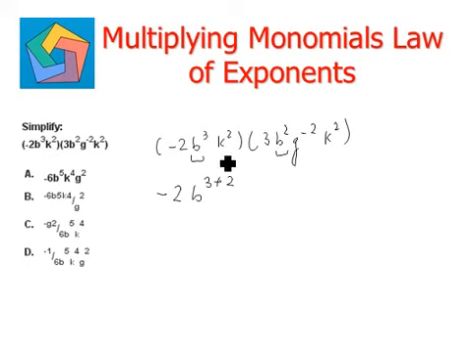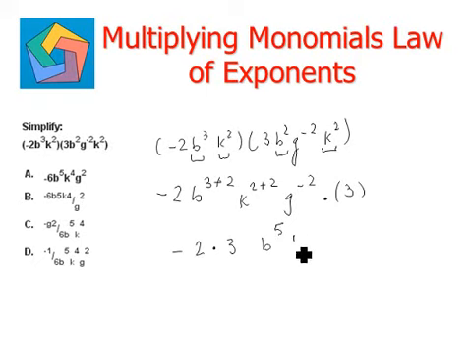Now k here and k here. K to the power of again 2 plus 2 and g is alone, so g to the power of minus 2 can be written like this. So now we have negative and the 3 also is left here. So negative 2 times 3, b to the power of 5, k to the power of 4, g to the power of minus 2.